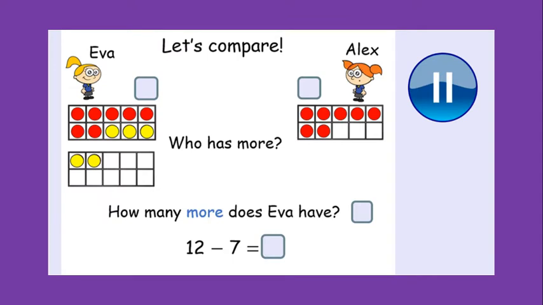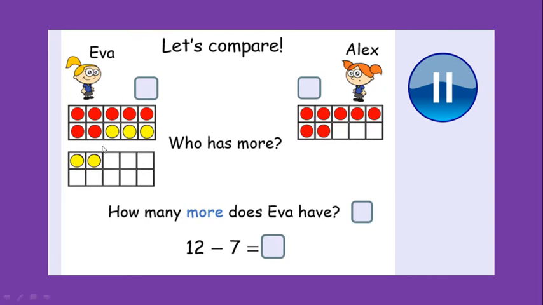Okay then, let's compare. Here we have Eva, and this is the amount that Eva has here. And here we have Alex, and this is the amount that she has here. Okay, the first question is, who has more? I think visually we can see who has more.